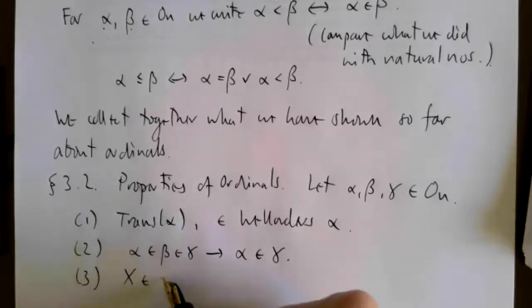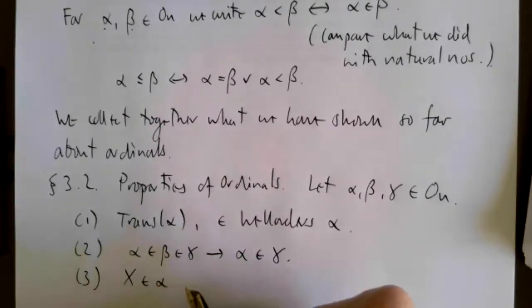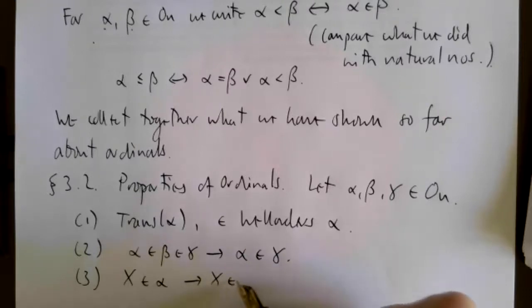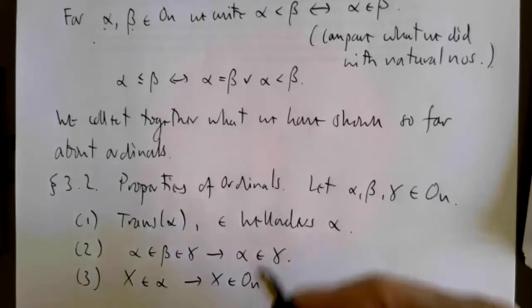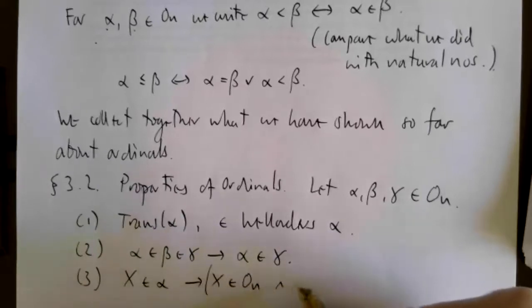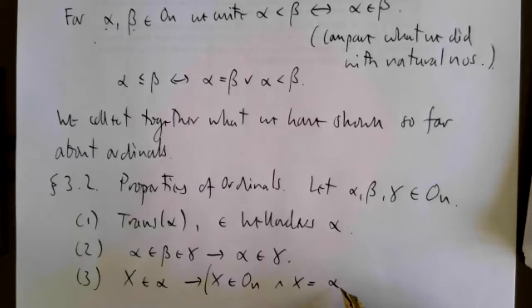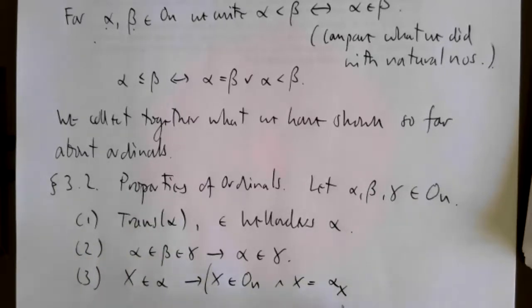If I take an element of an ordinal, then we showed that every element of an ordinal is itself an ordinal. And moreover, it was the initial segment that it itself determines. So X is the initial segment of alpha under epsilon that the element of alpha determines.